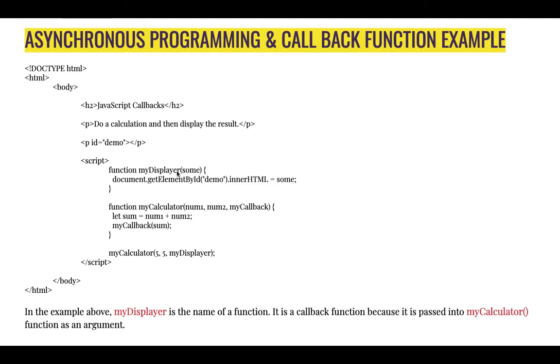What it's doing is accepting a parameter and then it's finding the HTML element with the ID of demo and setting its content to whatever is passed when myDisplayer function is called.